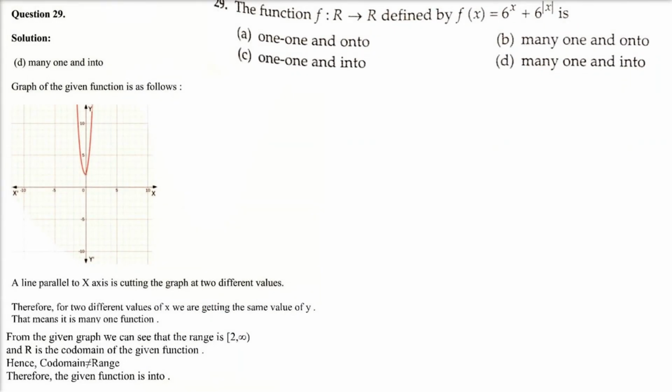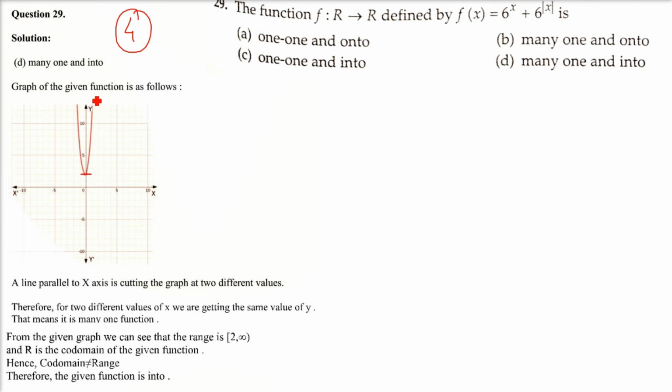Coming to question number 29 in my edition. If you remember, we have already done a question like this. Just refer to question number 4. 2 raise x plus 2 raise mod x. Same thing. As I said earlier also, how to make this graph.